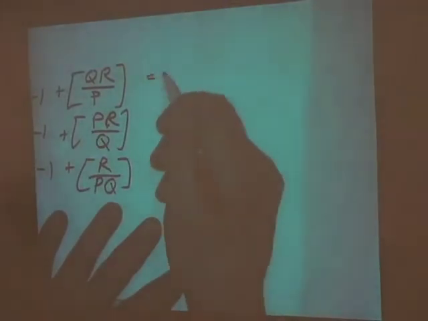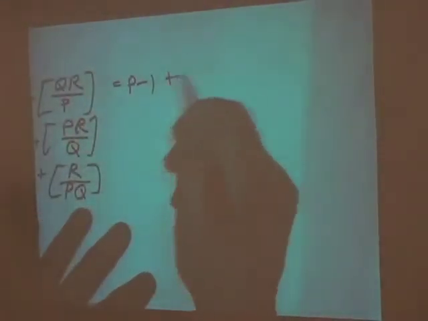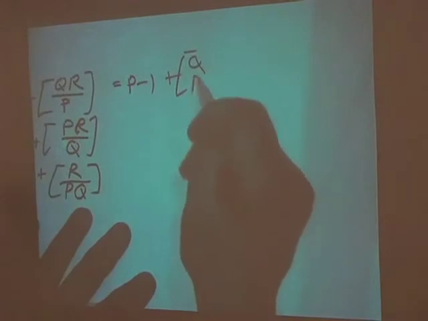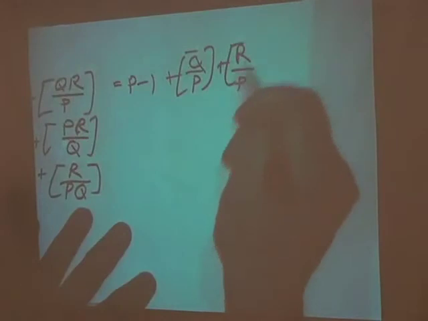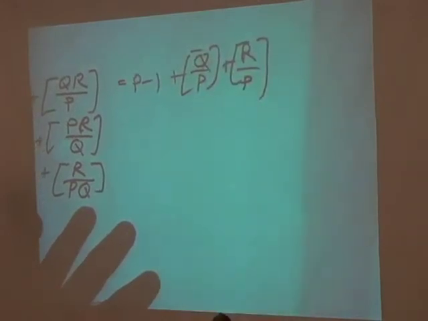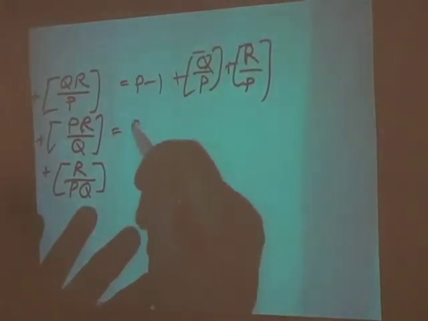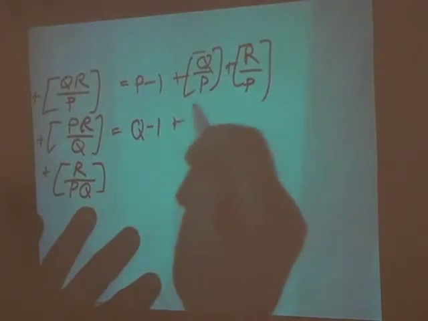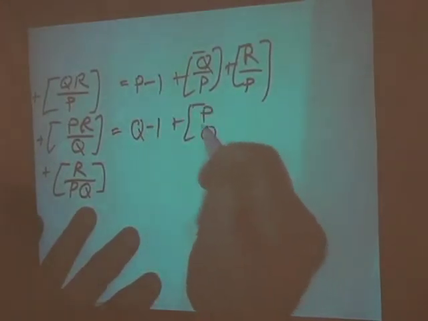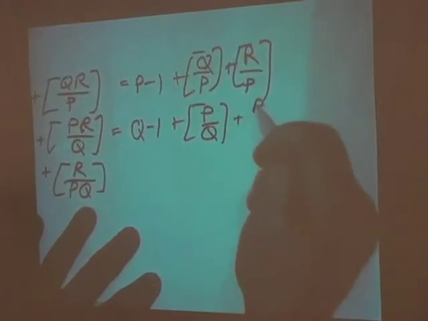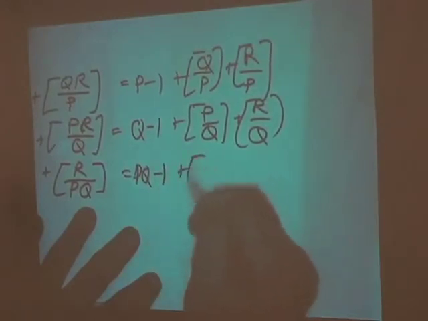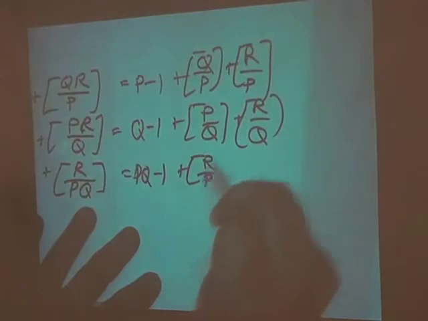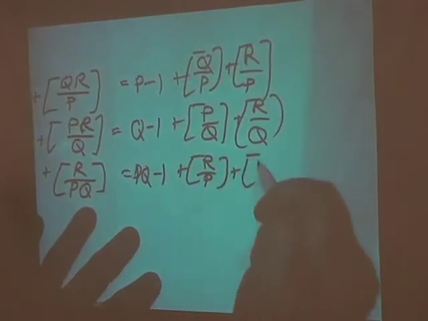This part is P minus 1 plus QP plus RP, because the Jacobi symbol is linear in each variable. This is Q minus 1 plus PQ plus RQ, and this is PQ minus 1 plus RP plus RQ.